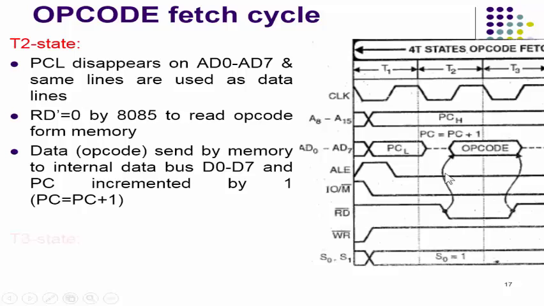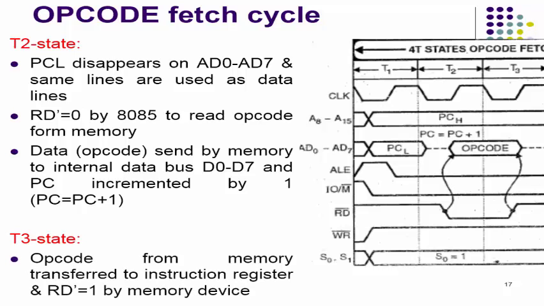So here is the opcode fetching or opcode reading operation. After loading the opcode in the internal data bus of the 8085 microprocessor, the program counter gets incremented by 1. Here you will find PC equals PC plus 1, meaning the program counter gets incremented by 1.